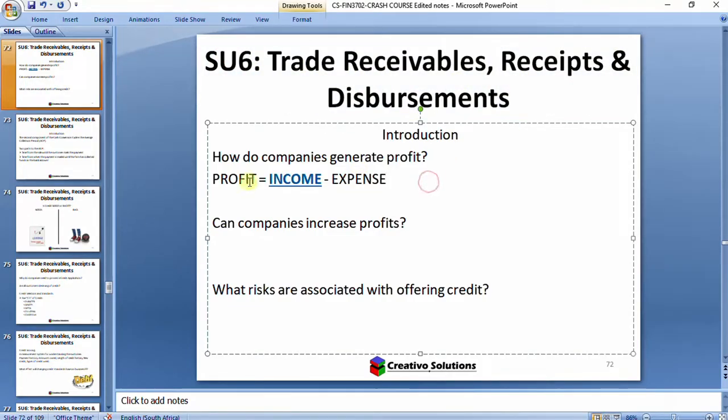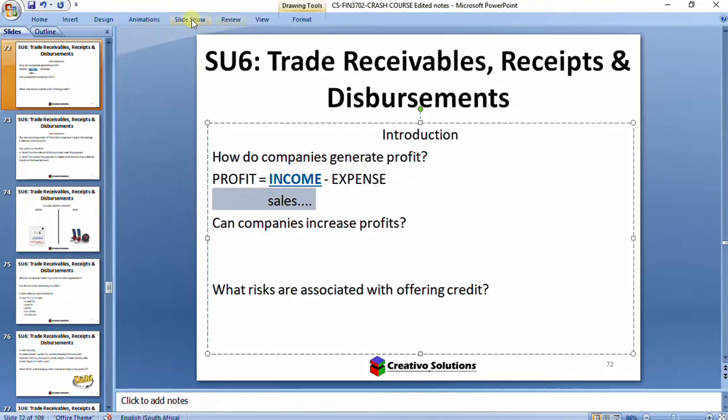Profits can be maximized. How can I increase profit then? Think about the income, think about the sales. What can I do to increase profits?